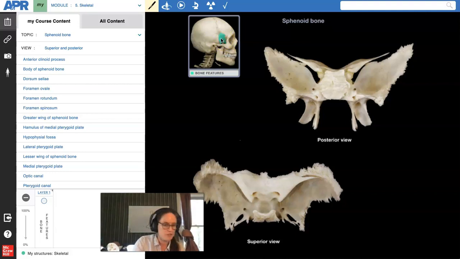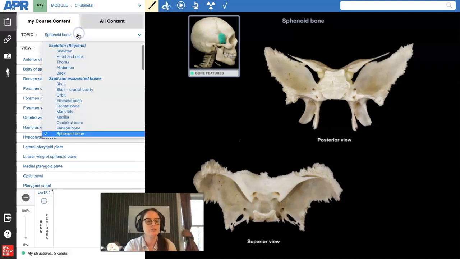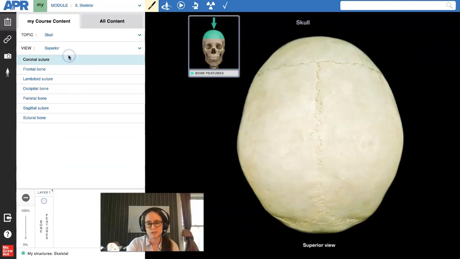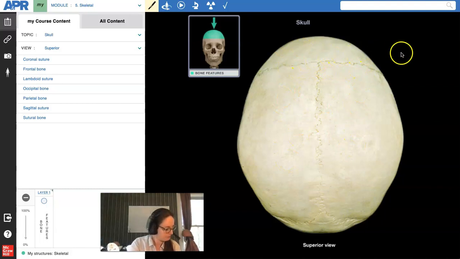Okay, let's see, sutures. Now again, to see sutures, we need to go back to the skull. Let's start with a superior view. This is the frontal bone, and these are the parietal bones. So this is the coronal suture. And then separating the two parietal bones is the sagittal suture. Now we already have our plane for this.